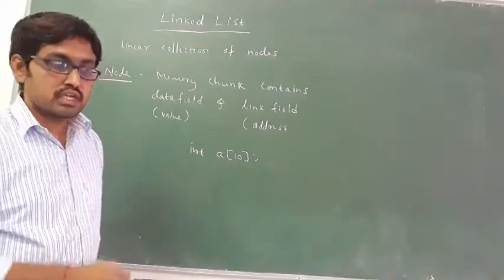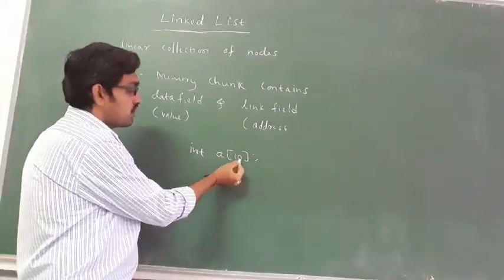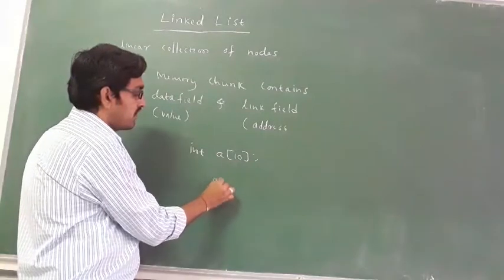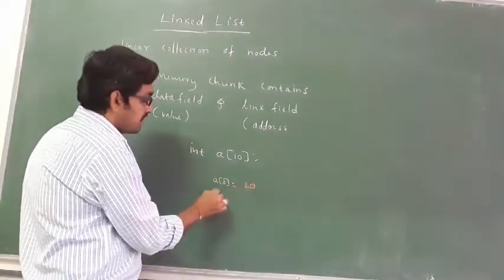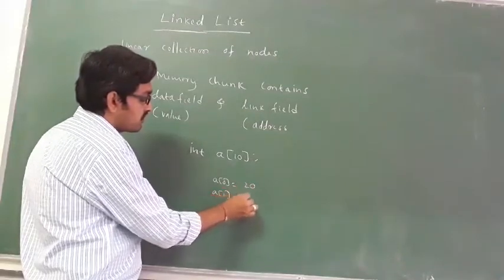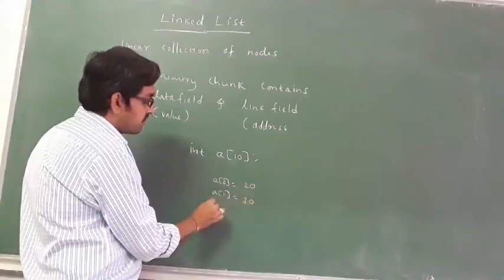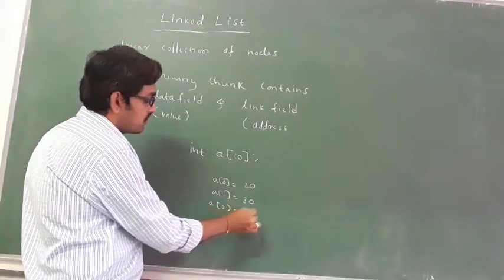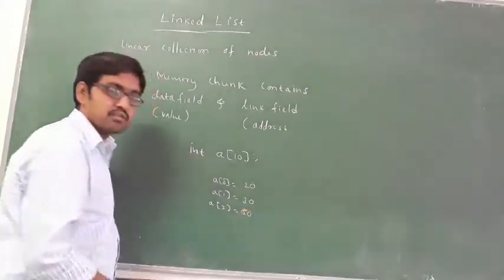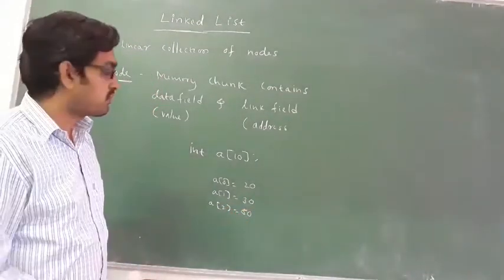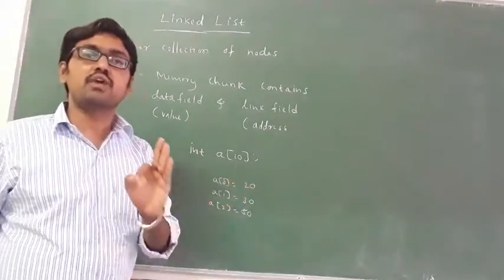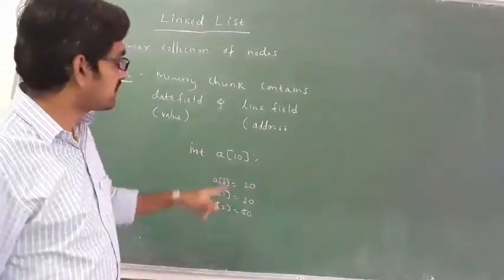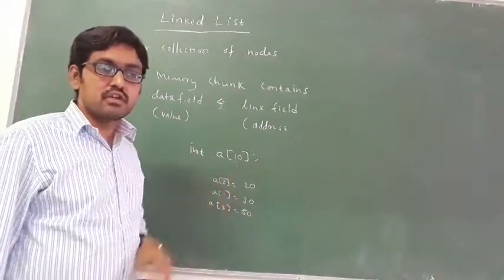In a[0] you can store 20, in a[1] you can store 20, in a[2] you can store 50, and so on, up to 10 elements. That is the size of the example.